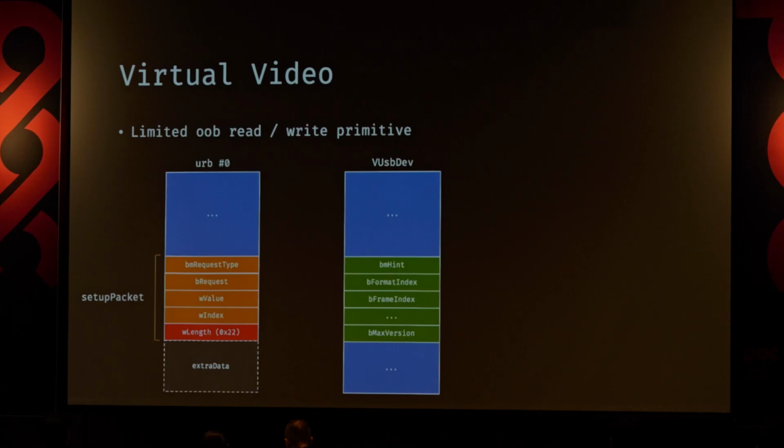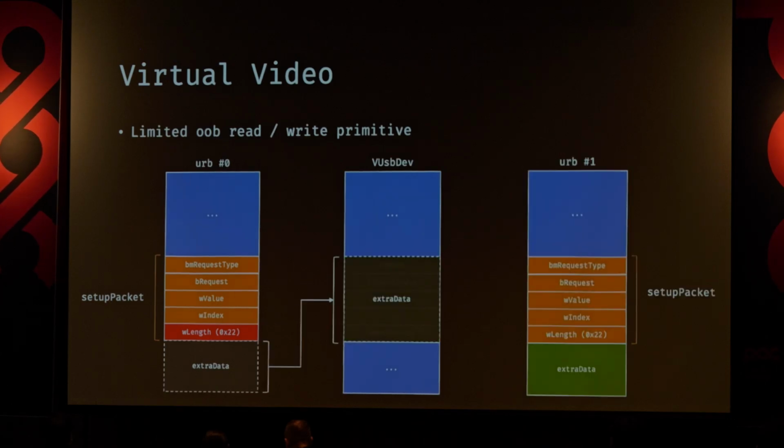Next, the virtual video device copies the extra data into the UVC parameter structure, which is shown as a green block. We then craft a second URB, let's call it URB1, with wLength legitimately set to 0x22 from the start. This time, the URB backend allocates a proper extra data buffer of size 0x22 to hold the incoming data. When the virtual video device processes this URB, it copies the provided 0x22 bytes into the UVC parameters, which leads to a heap overflow under URB0 and could lead to an OOB read.